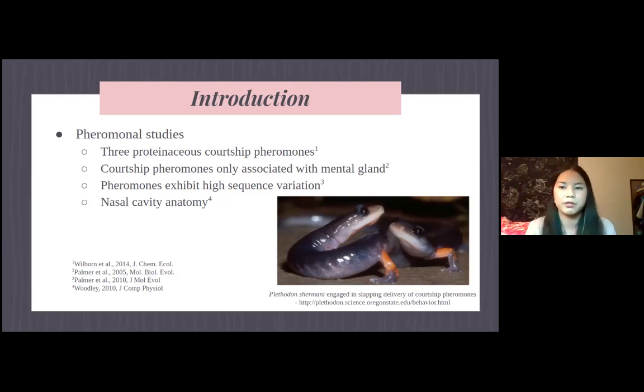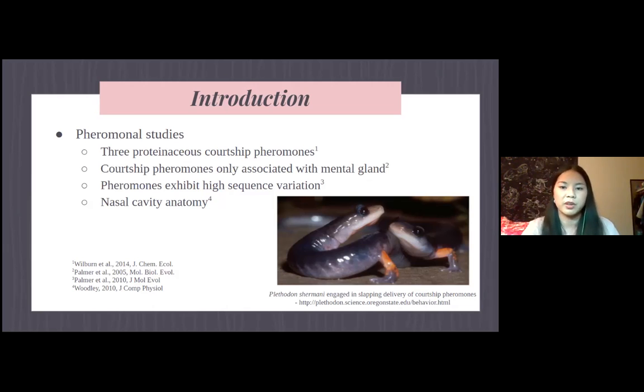This is one of the reasons we wanted to look at the potential for other forms of communication, specifically volatile communication in these salamanders, just because there are question marks with all this high sequence variation and them only being found in the mental gland. We're wondering how they're able to communicate outside of courtship, and again, if they aren't using just the assumed pheromones.